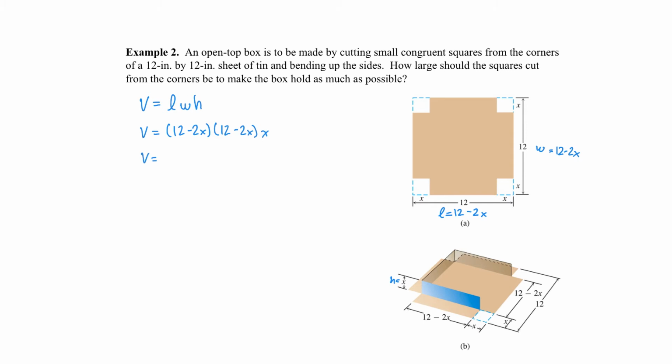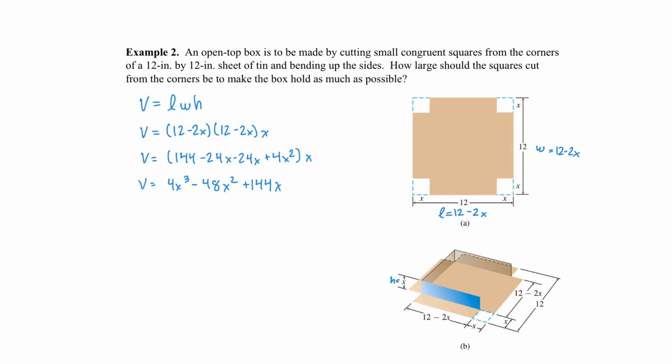So we find volume is equal to 144 minus 24x minus 24x plus 4x squared, and we have an x off to the side still. Combining like terms, reordering, and distributing the x, we find that our volume is equal to 4x cubed minus 48x squared plus 144x. This is V.